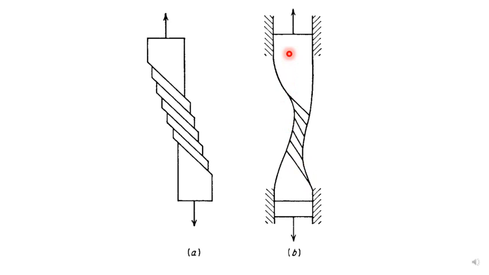As you can see, the angle between this plane and the direction of load is higher than the angle of this one, for example. So there is a tilting in the slip planes toward the direction of loading.